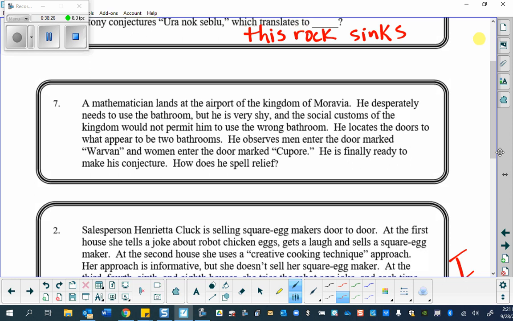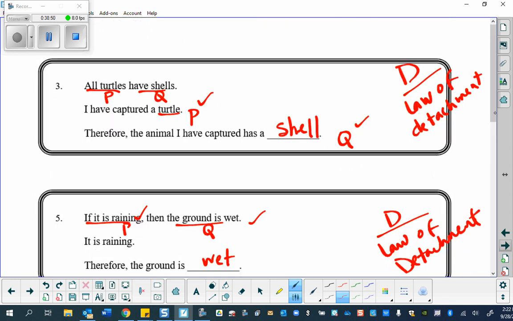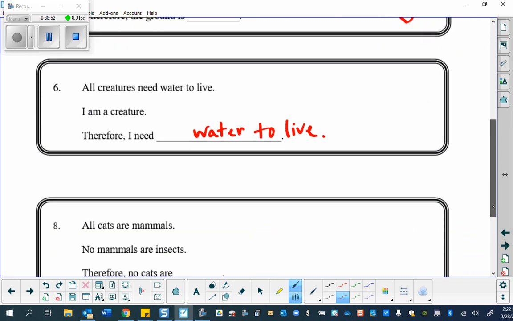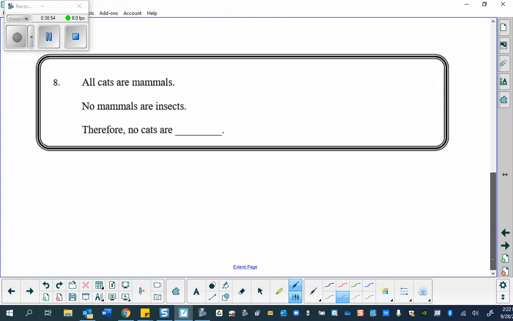He locates the doors to what appear to be bathrooms. He watches men go into one, women go into another. He's got to figure out which one to go in. Inductive or deductive reasoning? Inductive reasoning, he's got to make a conjecture. Could he be wrong? Absolutely, right? Your conjecture is always up for argument, not always true.